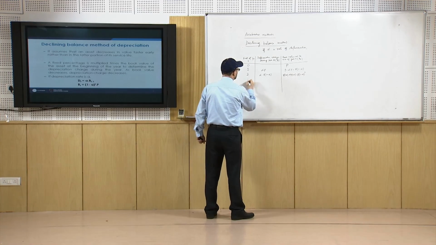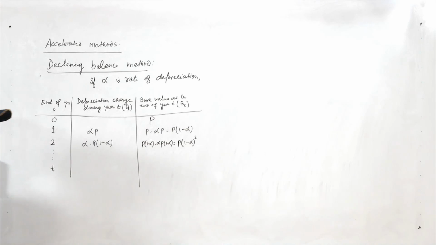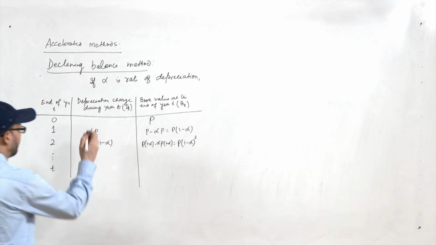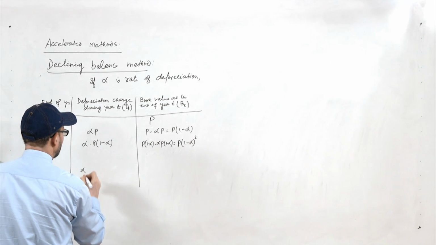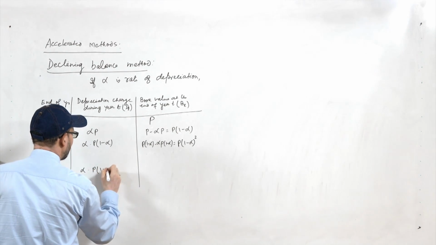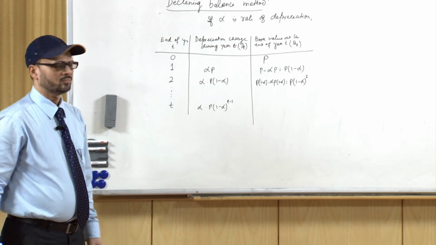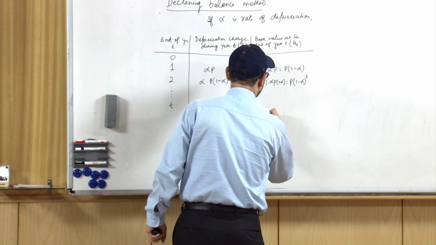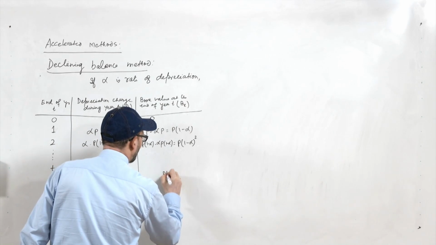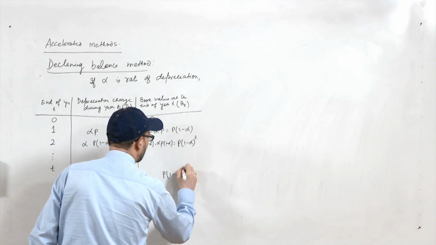If you go this way, at the end of year t, the depreciation will be alpha times P (1 minus alpha) raised to the power t minus 1, and the book value will be P into (1 minus alpha) raised to the power t.